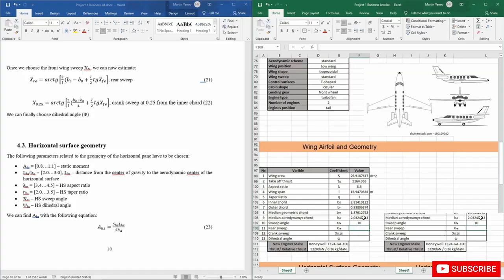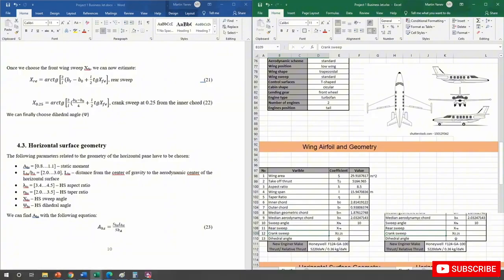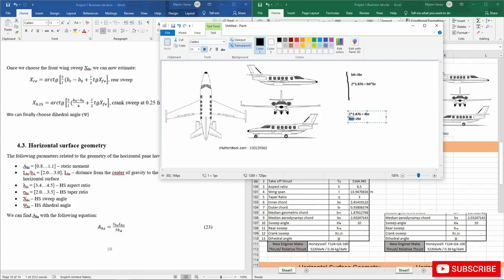I would advise you take a look, because it's quite useful for understanding this concept. Now, since we chose a sweep angle of 10 degrees, now we can determine the rear sweep and the crank sweep. Okay, and the crank is usually, let's say, this aircraft here doesn't have a crank, ours will have, but I will show you here on the picture actually. So some aircraft have a crank, and the crank is used for actively changing the flow distribution on our wing.